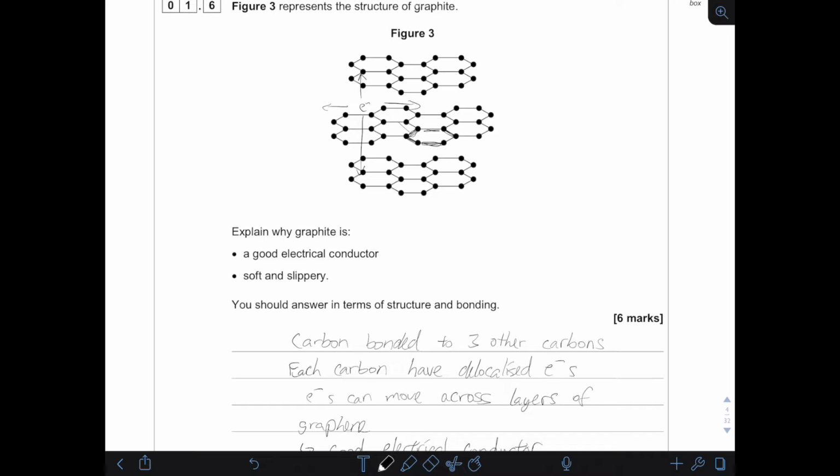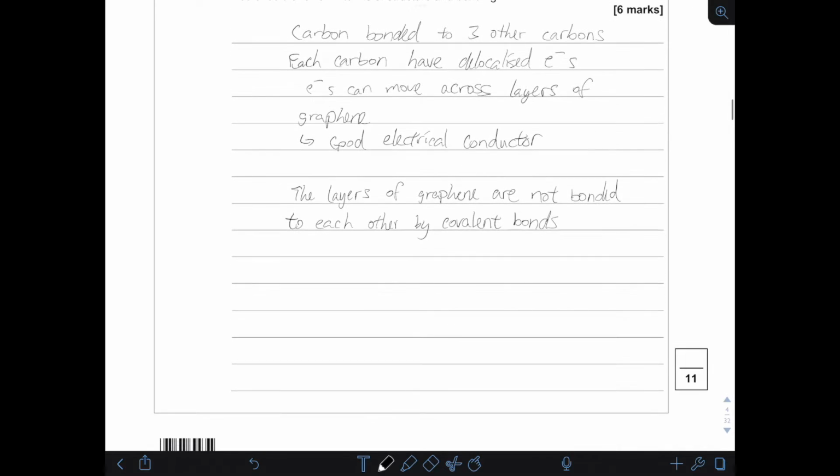So that means that the layers of graphene can slide and hence they can behave slippery. And this is also why they can be used as lubricants at specific places.